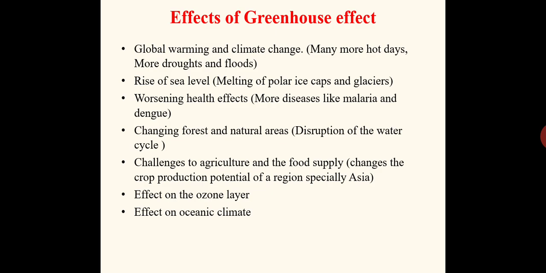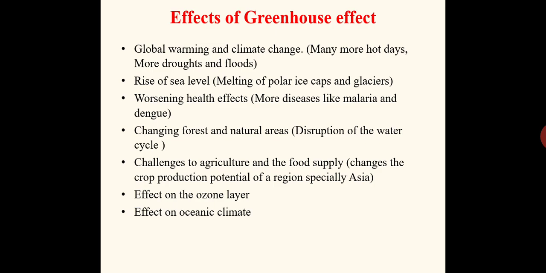So what will be the effects of the greenhouse effect? The main after-effect is global warming and climate change. We know that once the CO2 concentration in the atmosphere increases to a particular limit, it will cause an increase in the atmospheric temperature. An increase in the atmospheric temperature beyond a limit that we cannot resist, or cannot survive, is known as global warming.